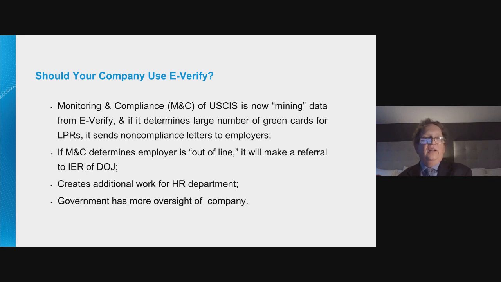They will send you a non-compliance letter, and they could make a referral to the Department of Justice, who will then investigate you for discrimination. Often it's total BS. Green card holders are supposed to carry their green card, so that would be the reason that most of them, they give you the green card, not a driver's license and a social security card.